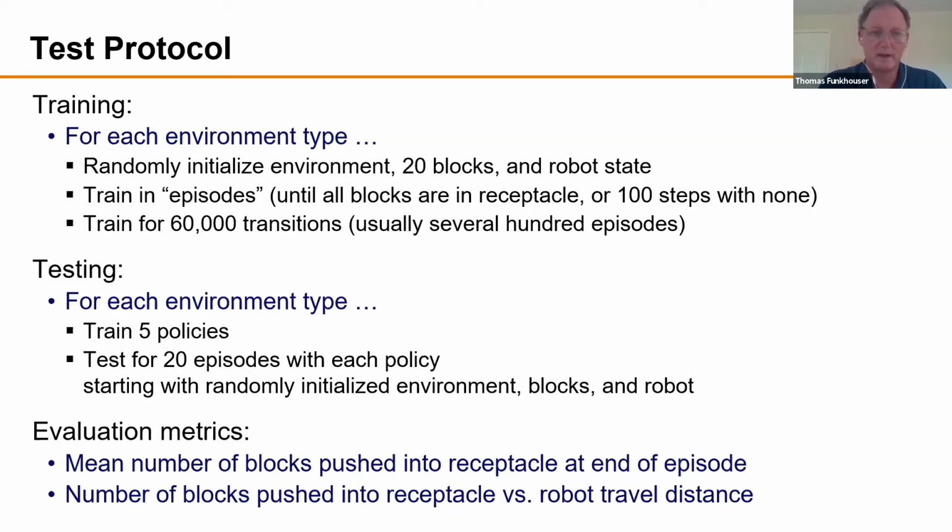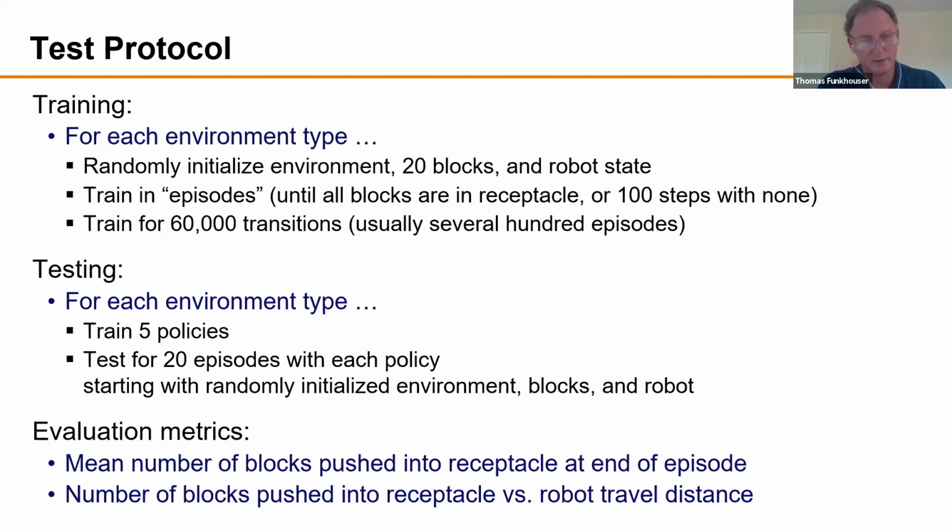So each episode is initialized randomly and operates until all the blocks are in the receptacle or until there's 100 steps where no more blocks have gone in. Okay, and at test time, we train 5 different policies, each for 20 episodes, and then we average across the 5 policies.